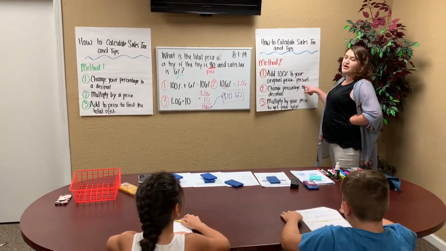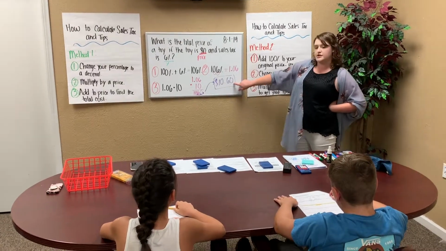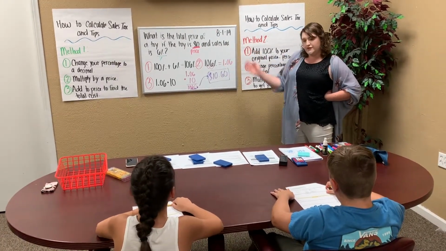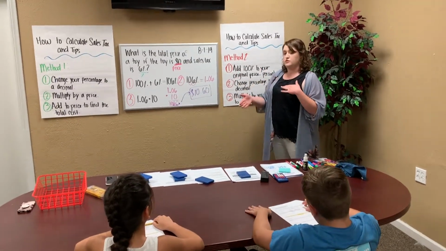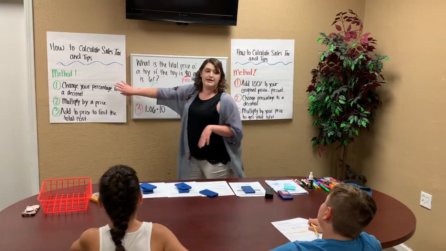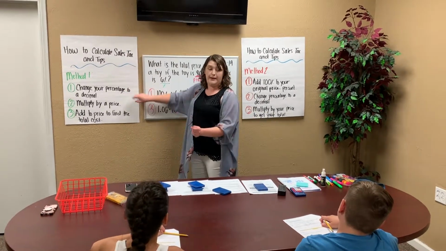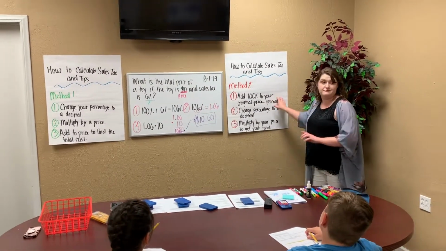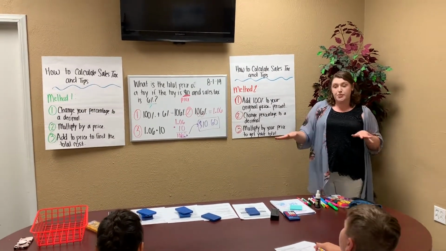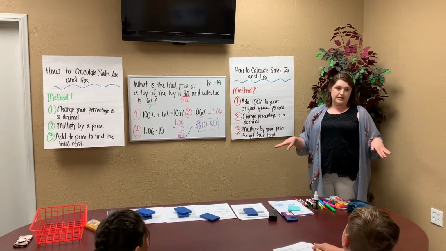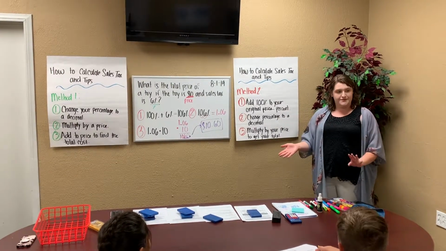Yeah, with method 2, you don't have to add at the end. It's already factored in there. Method 1, you do have to add at the end. However, they get you the same answer. It's going to be up to you. Some kids like doing this, some like doing that. You might do it differently than your partner. It's okay. As long as you get the same answer, you're fine.